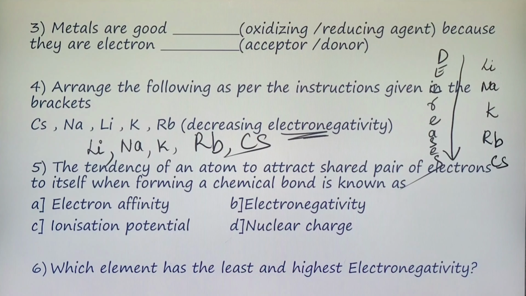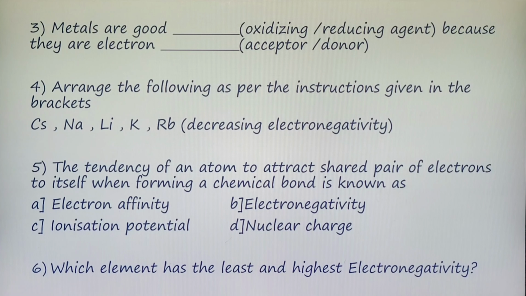Okay, next one. The tendency of an atom to attract the shared pair of electrons towards itself is nothing but, search for the answer, electronegativity. Okay, again, which element has the least? These are very frequently asked questions. Which element will have the highest electronegativity? It has to be somewhere in a period here.